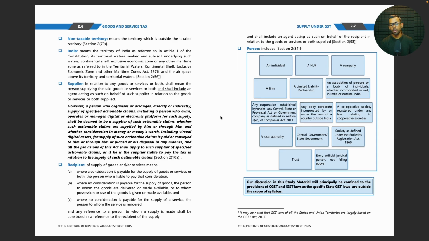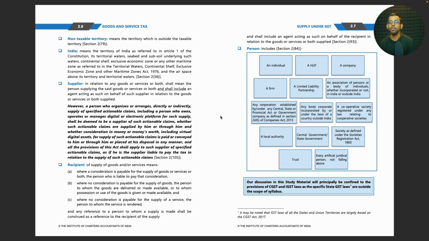And where no consideration is payable for the supply of a service, the person to whom the service is rendered, and any reference to a person to whom a supply is made shall be construed as a reference to the recipient of the supply, and shall include an agent acting as such on behalf of the recipient in relation to the goods or services or both supplied.